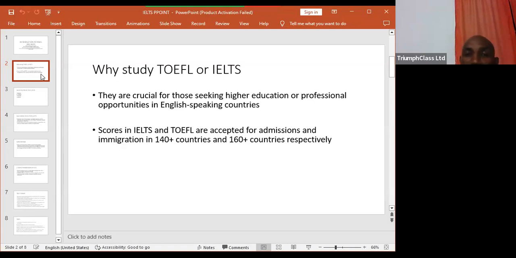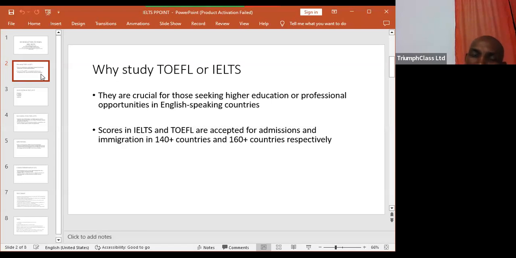So one is, we have to do these tests because we want to join universities in English-speaking countries. And secondly, there are professional opportunities. People who have studied and have qualifications, they want to get jobs in English-speaking countries. They are also subjected to sitting for TOEFL or IELTS.